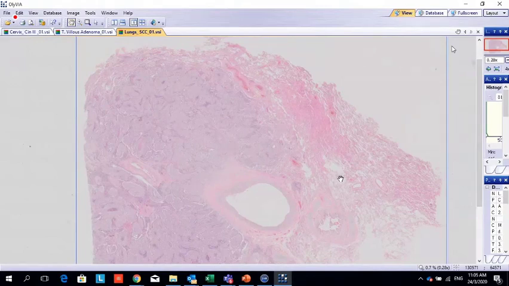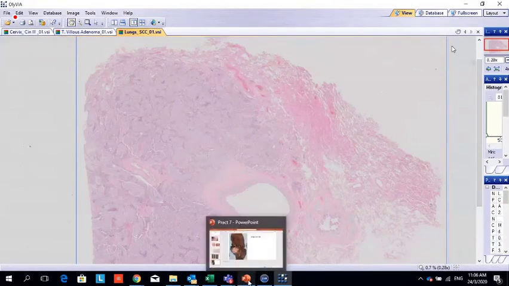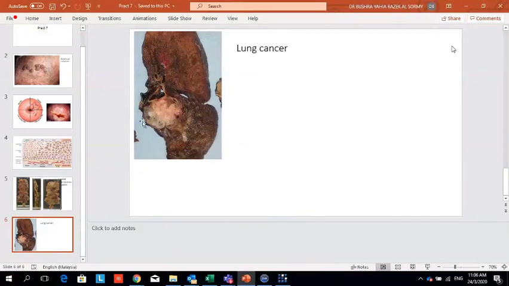In this case, we have to know only by biopsy. Because in the apex, most are adenocarcinoma, not squamous. Squamous is mostly in the hilum, but adeno is usually at the apex of the lung.